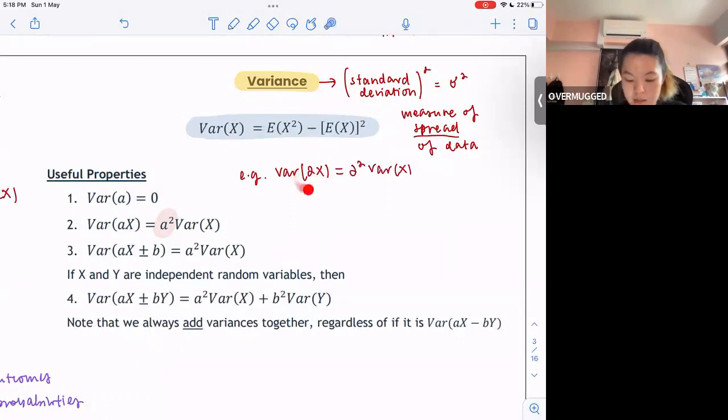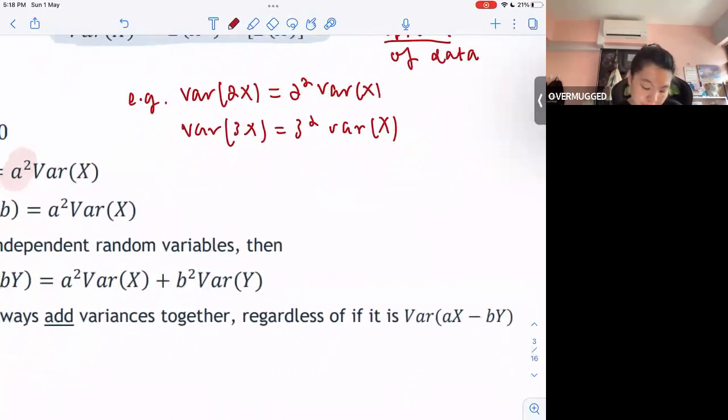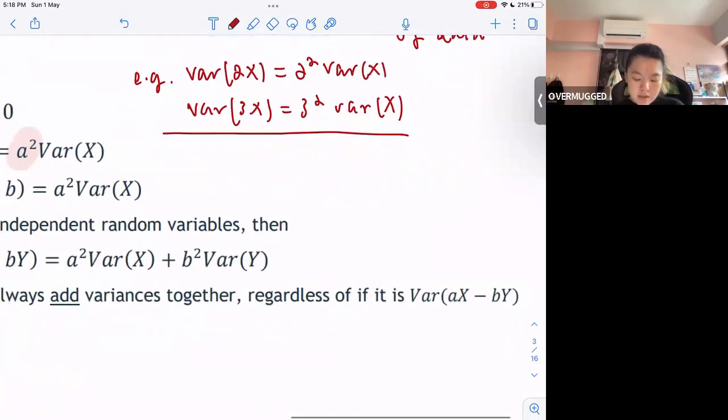As long as inside here is a multiplication, then this will happen. Variance of 3x will be 3 squared times the variance of x, and so on and so forth. This is like if you double count the same occurrence, 2x. It's the same for your mean, by the way. We're going to take a look at examples later to see the difference.